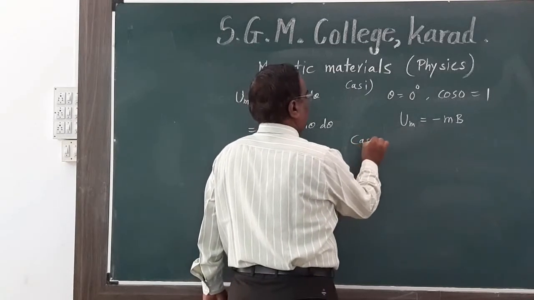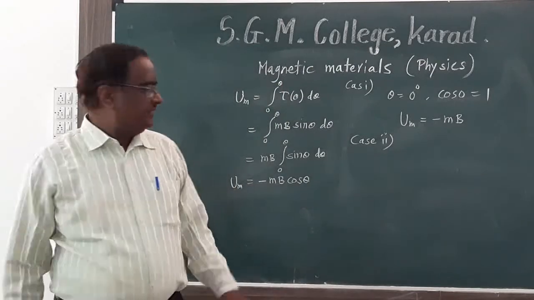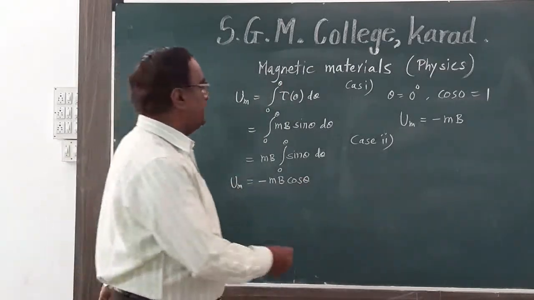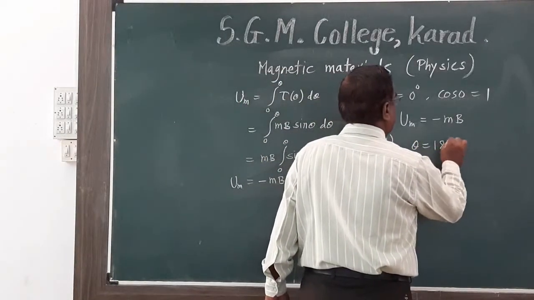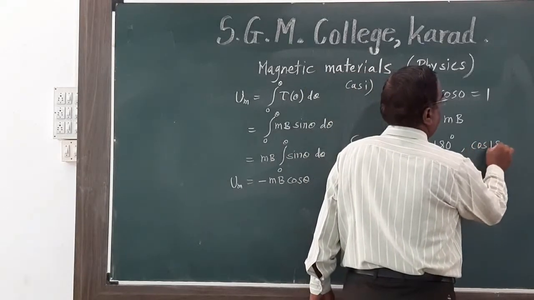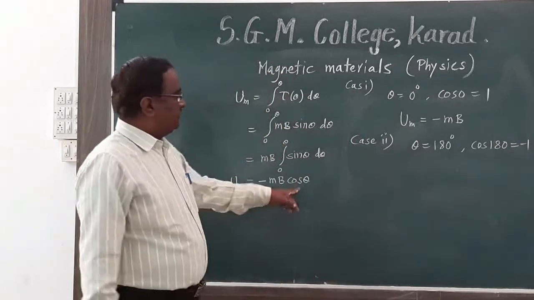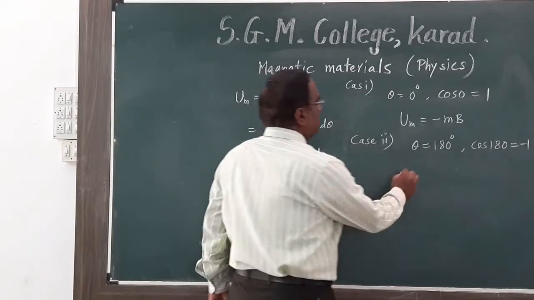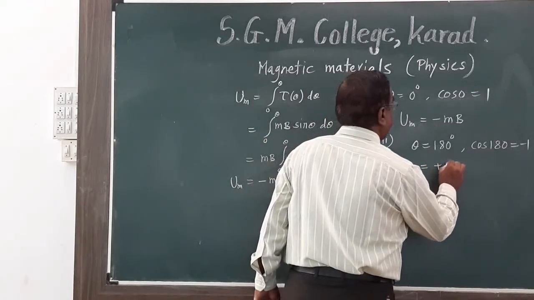Case 2: when theta is equal to 180 degree. The value of cos 180 is minus 1. If you substitute the value of cos 180 here, you get potential energy is equal to plus MB.